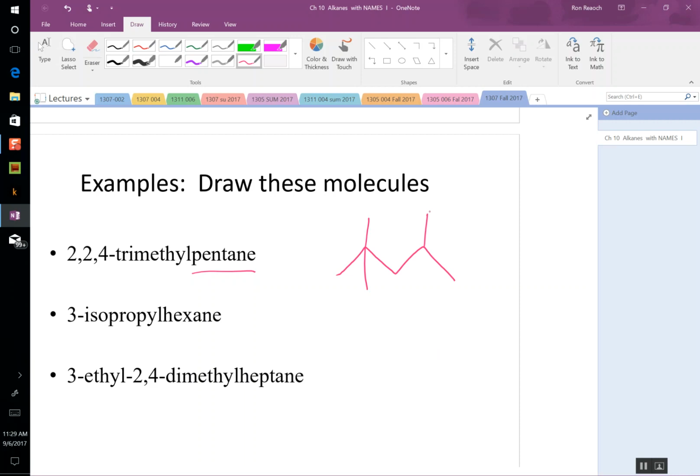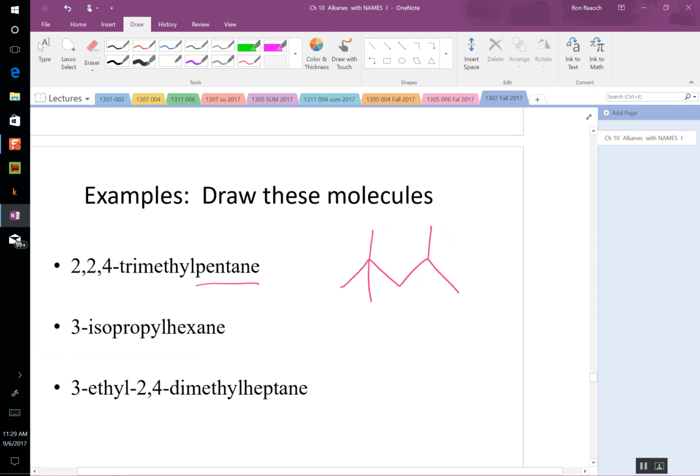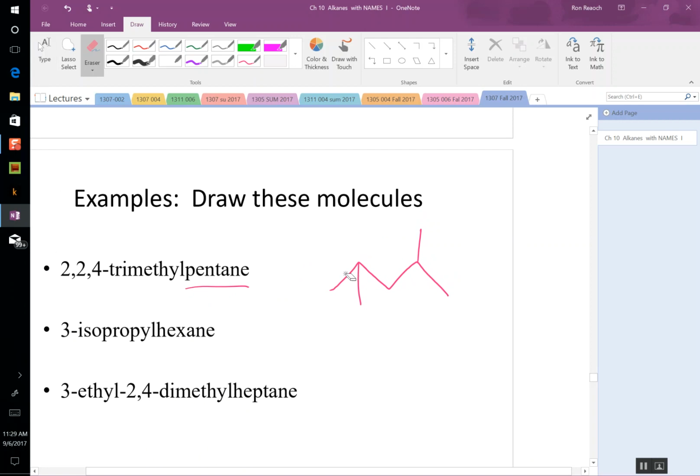Oh, well, let's do this one, 3-isopropylhexane. Wish I could get myself more space right here. 3-isopropylhexane right here. So, let's do the structure. Go ahead and draw the structural formula. We won't do all 3 of these, but do the 3-isopropylhexane.